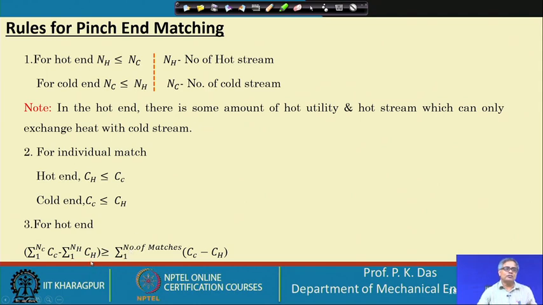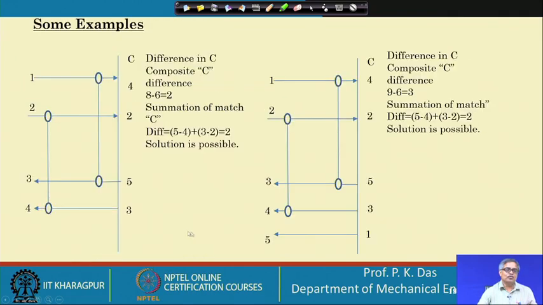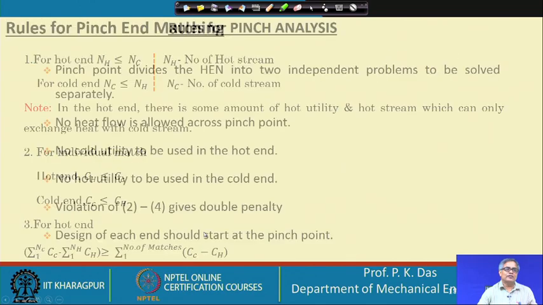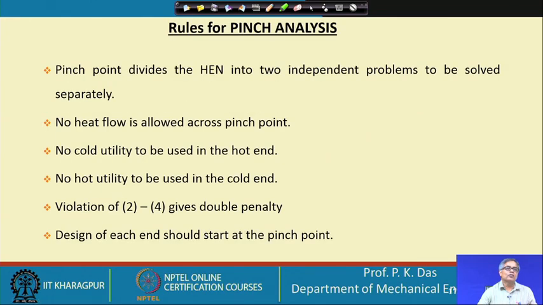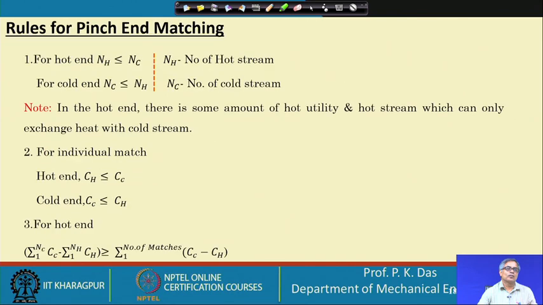Then for the hot end, this cumulative condition also has to be taken care of. This is not very stringent, but generally it is also taken care of. Similarly, for the cold end we will have a similar type of rule.